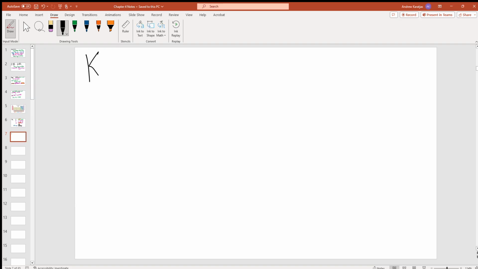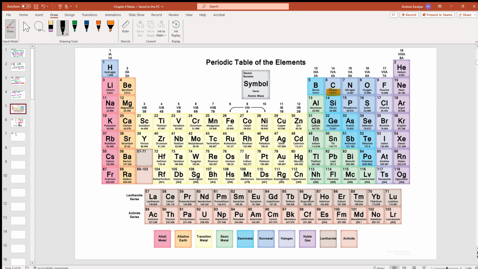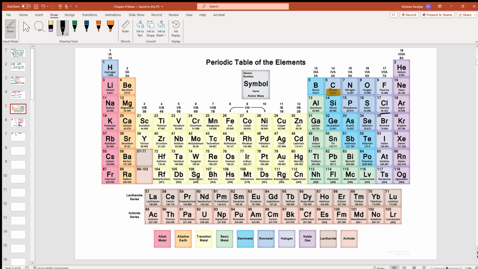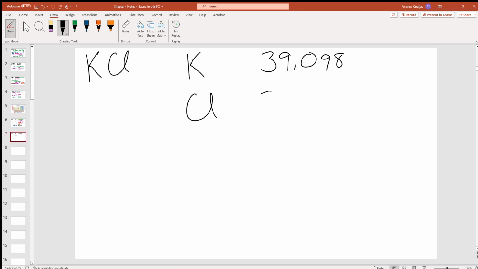What would be the molar mass for potassium chloride? So again, we're going to need the mass of potassium and the mass of chlorine. If we go back to our periodic table, we find potassium 39.098. Chlorine we have over here, 35.453. So again, all we need to do is now add those together.